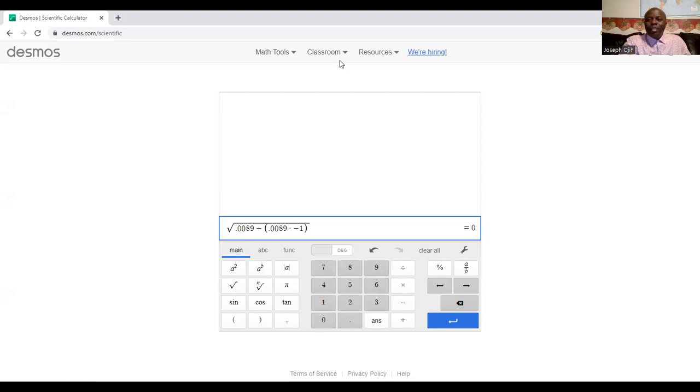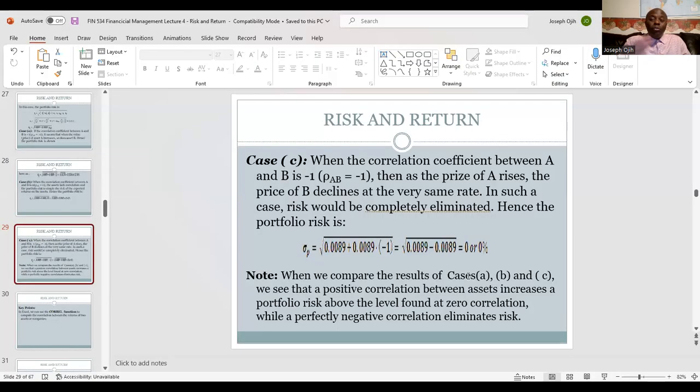That means that if the assets are perfectly negatively correlated, the risk is completely eliminated. So when we compare parts A, B, and C, we see that the positive correlation between assets increases the portfolio risk above the value found in the 0 correlation, while perfectly negatively correlated assets eliminate the risk.